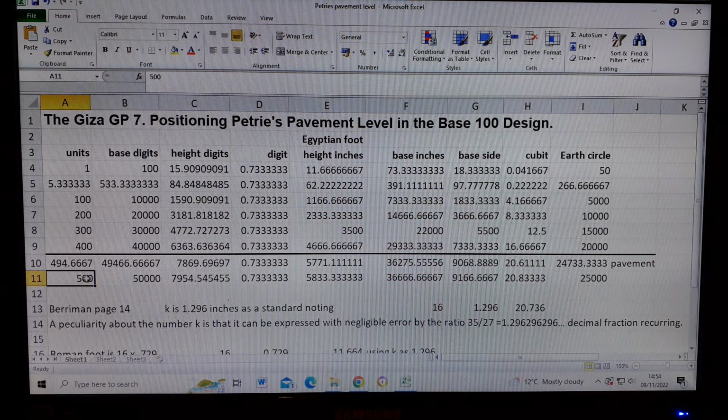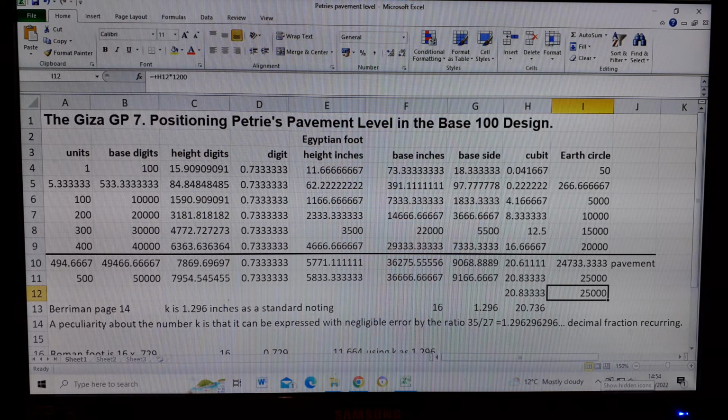And when we get to the top, we get 366 as we're expecting, we get 5833.33 as we're expecting, using 44 over 7. We've got the base 100 cubit in the design, and we get 25,000 miles in the eclipse model.